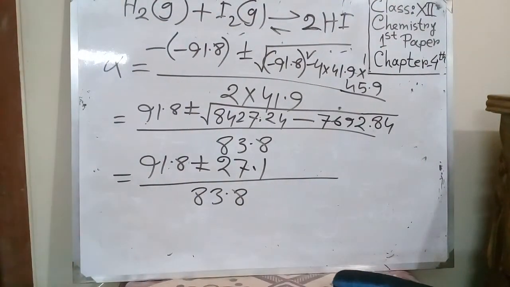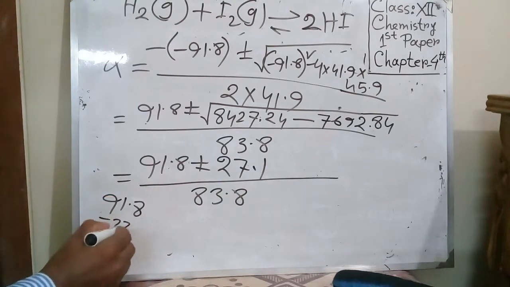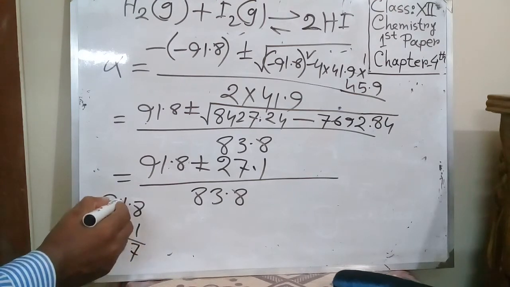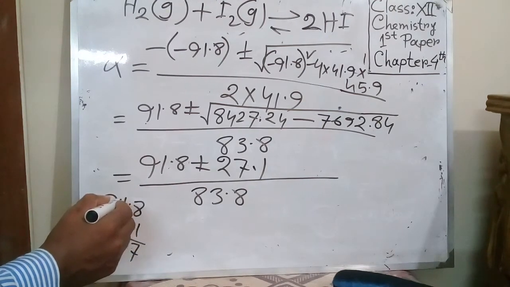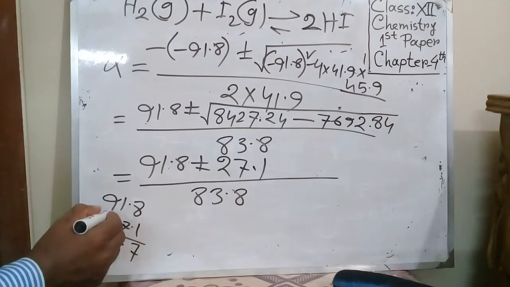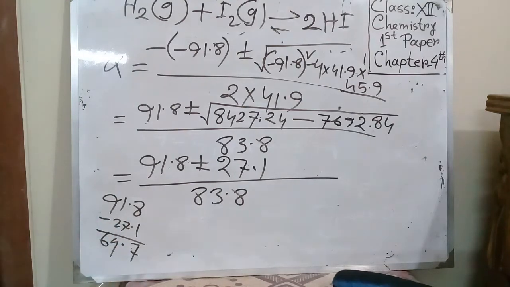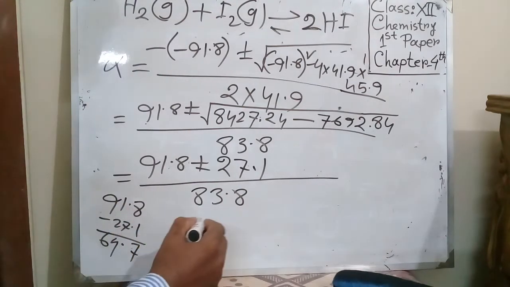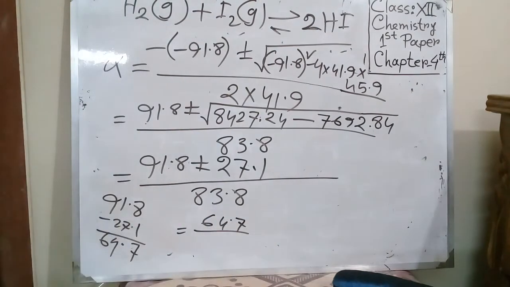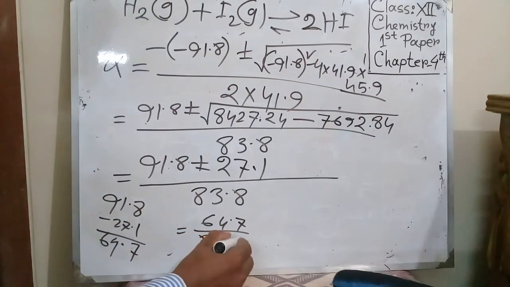So if we subtract, 91.8 minus 27.1, we get 64.7. So we can write here 64.7 divided by 83.8.